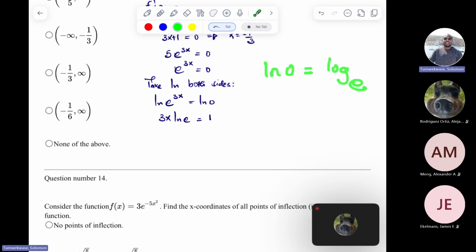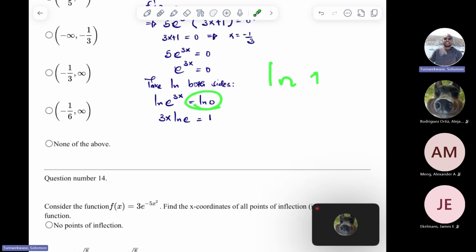I said natural log of 0 is 1, but that is wrong.